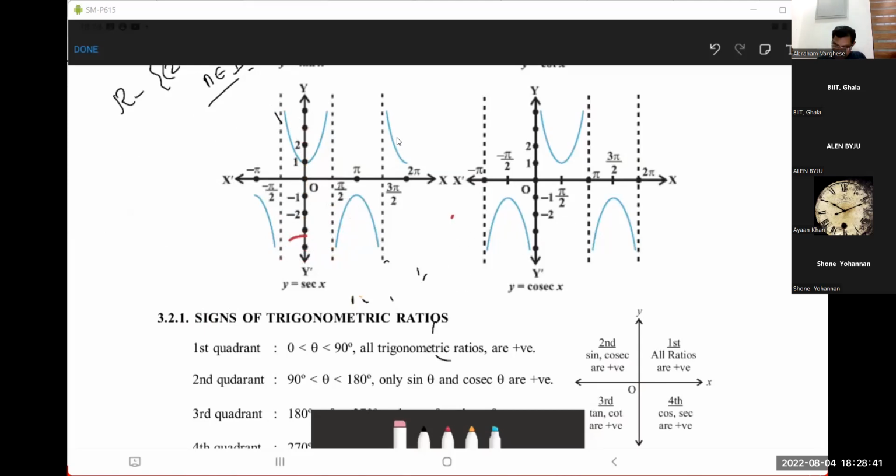Can you give me the answer to that? So I write the question. What is the domain of cosec x? And what is the range of cosec x? You can give me the answer. So I'll wait for 1 minute.